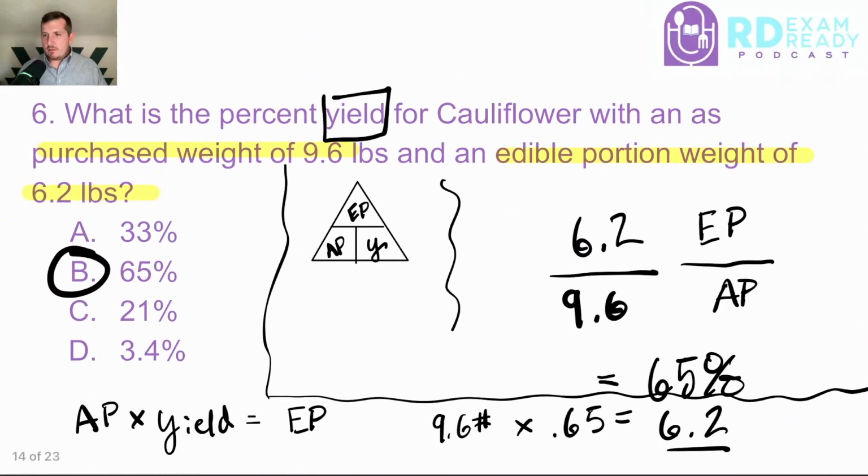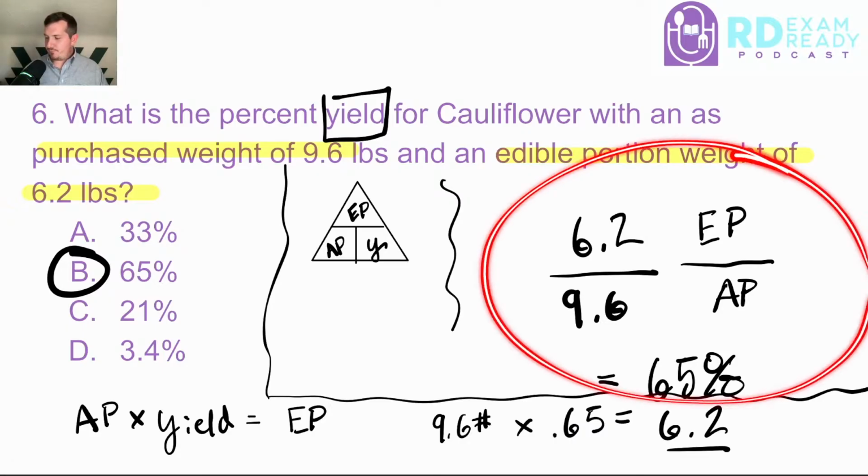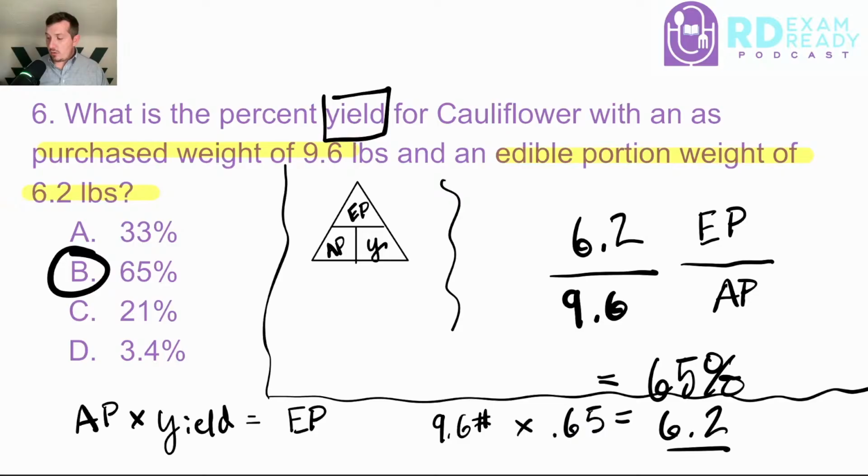Yeah, so what I taught here was the other way. If you were a triangle person, here's what your triangle looked like. And it's the exact same thing we set up. See how I set this up with the triangle, where I took my EP divided by my AP is equal to my yield.